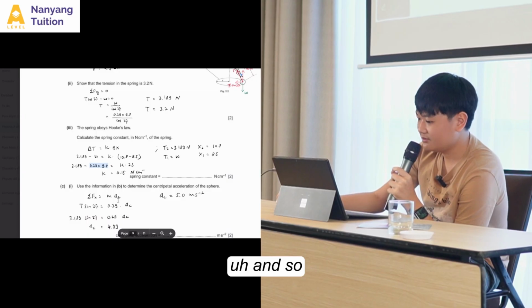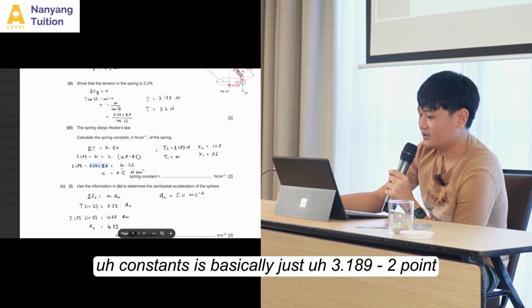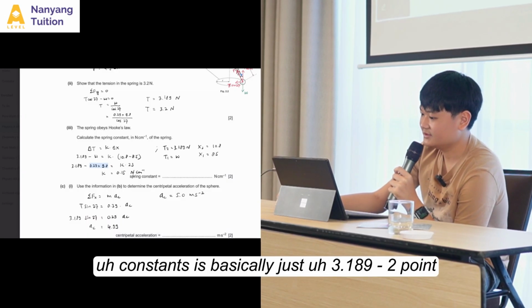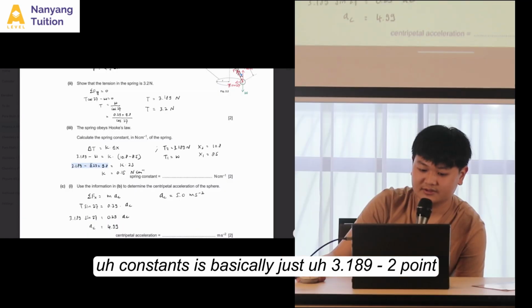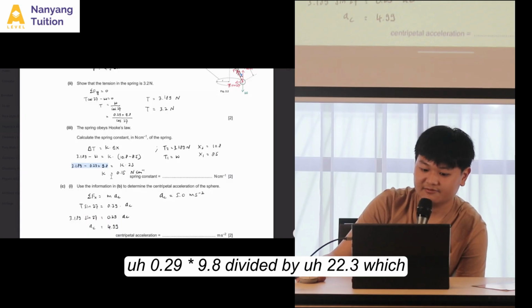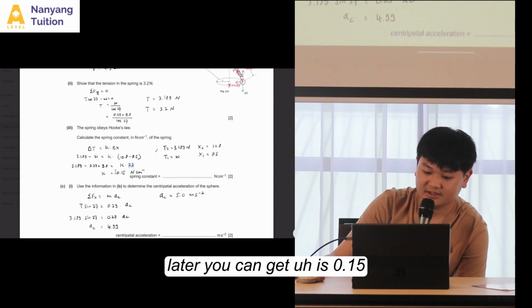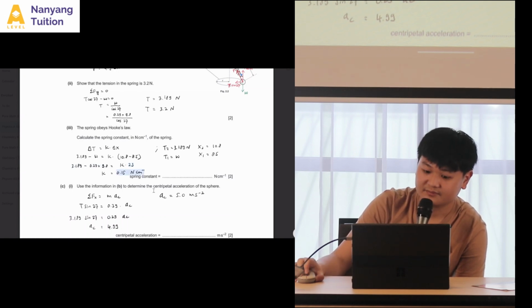And so the constant is basically just 3.189 minus 0.29 times 9.8 divided by 22.3, which later you can get is 0.15.